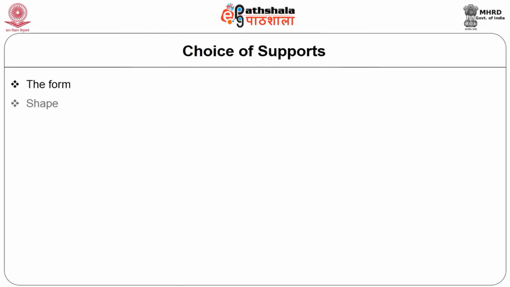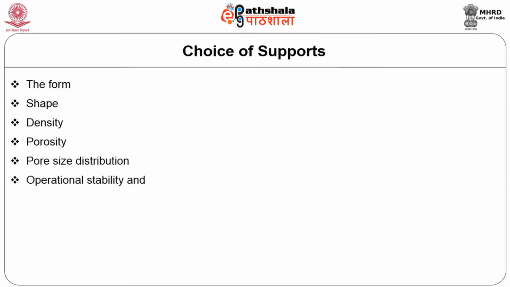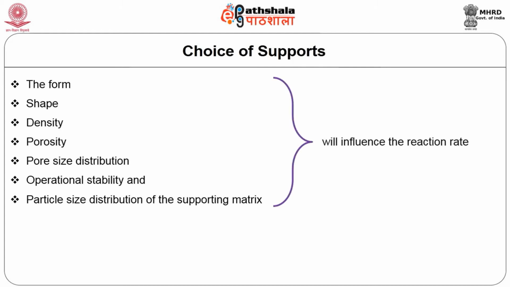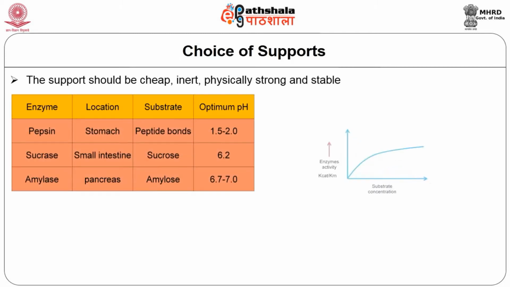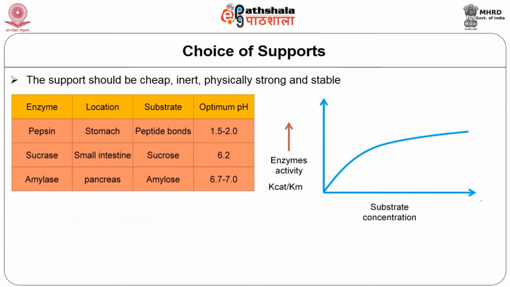The form, shape, density, porosity, pore size distribution, operational stability and particle size distribution of the supporting matrix will influence the reaction rate. Support should be cheap, inert, physically strong and stable. Ideally, it should increase the enzyme specificity, shift the pH optimum to the desired value for the process, and discourage microbial growth and non-specific adsorption.